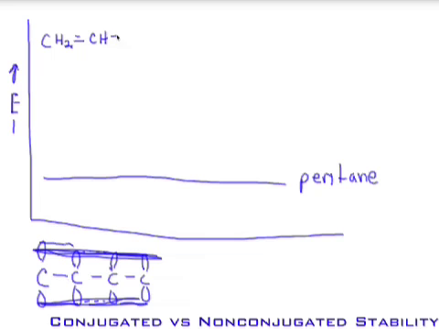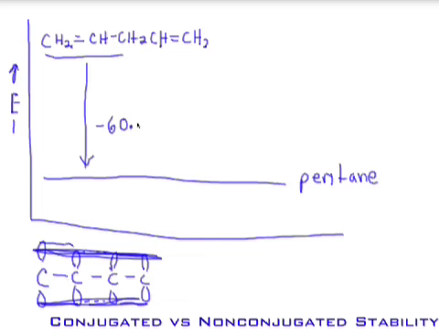Now this molecule is not conjugated because there are two sigma bonds, two single bonds between the double bonds. So these are called isolated. If we measure the energy to hydrogenate both double bonds, it is exothermic, minus 60.8 kilocalories per mole.